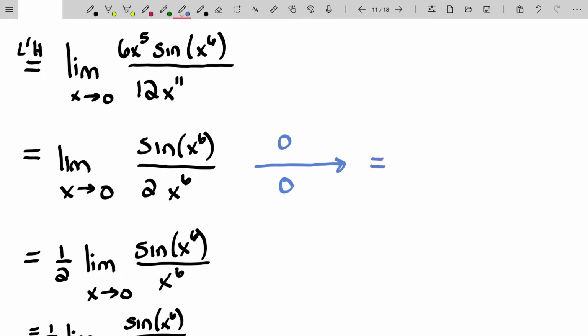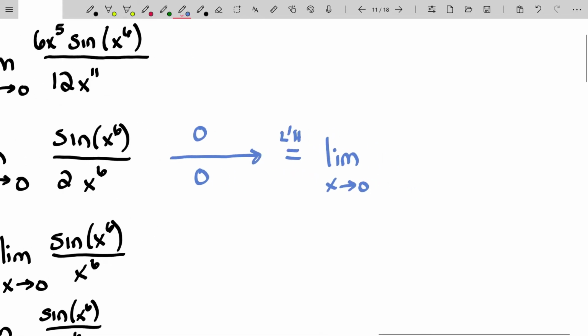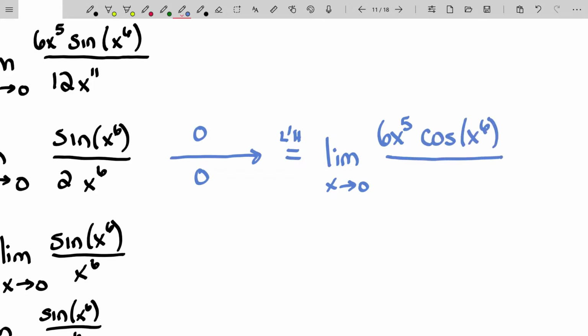So if we were to use L'Hopital's rule at that point, you would get the limit as x is approaching 0 of 6x to the 5th cosine of x to the 6th, all over 2 times 6x to the 5th.